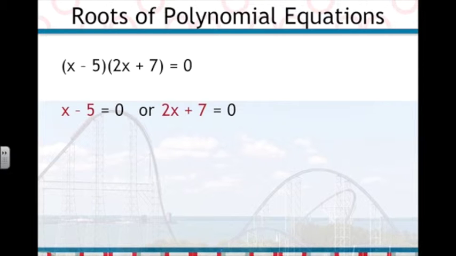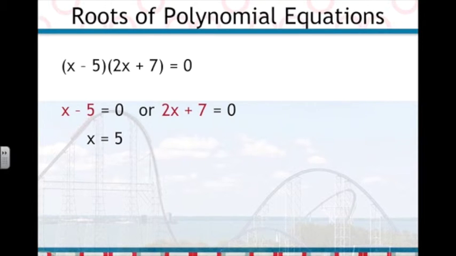If we write two equations like we have here, we can solve each one separately to find the roots of the equation. For the first equation, we need to undo the minus 5 by adding 5 to both sides to get x equals 5. The second equation will take two steps to solve.